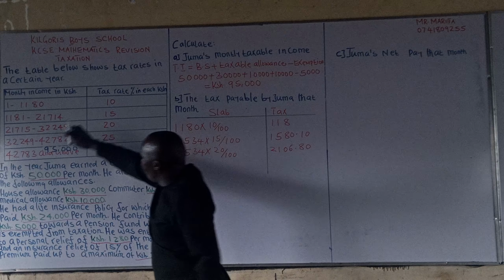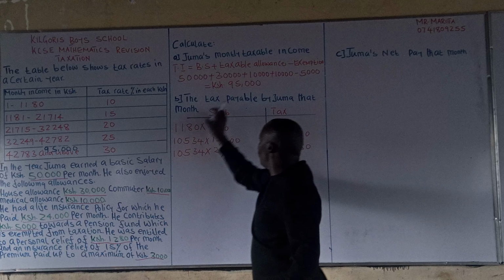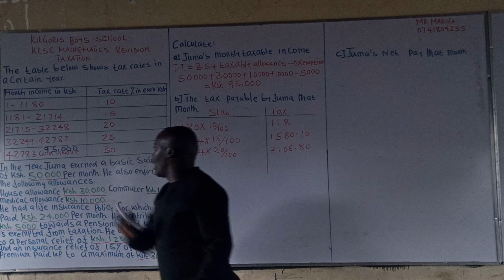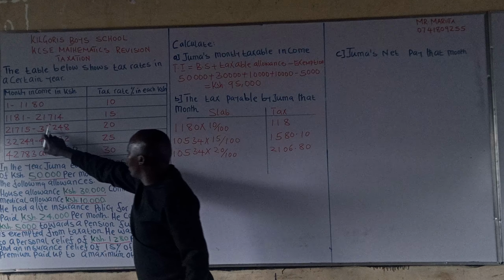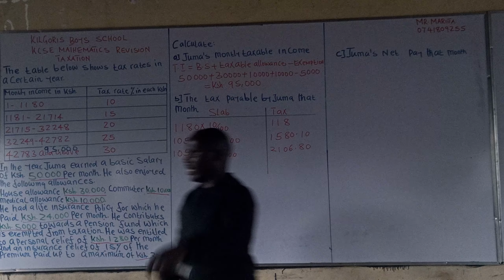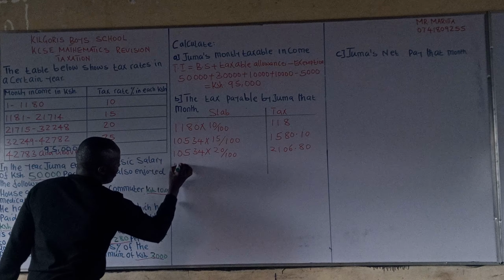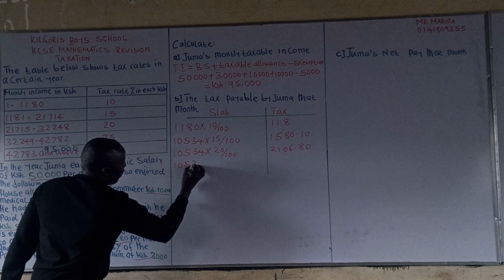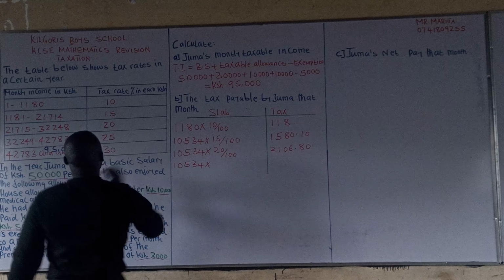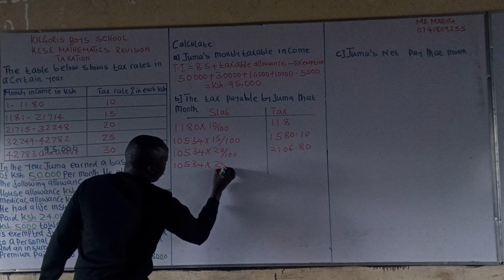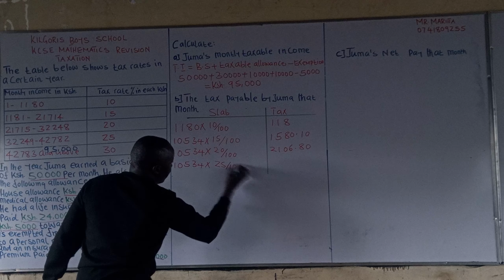Then we have another difference because we have our values beyond the 42,000. So we have 42,782, you subtract 32,248. That also gives us a difference of 10,534. The rate given here is 25%, so you have 25 over 100.